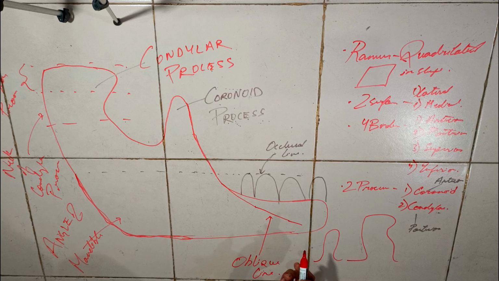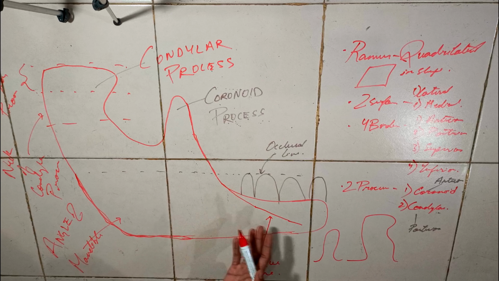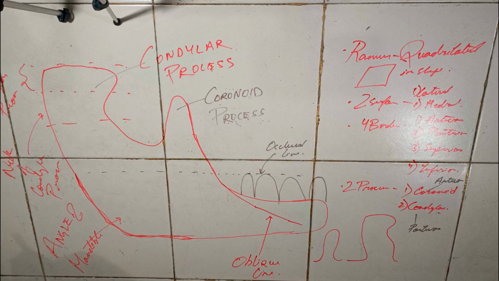Okay. There is a foramen present in the lateral side of the body of mandible. This is known as the mental foramen. This is better seen from the anterior or facial view.